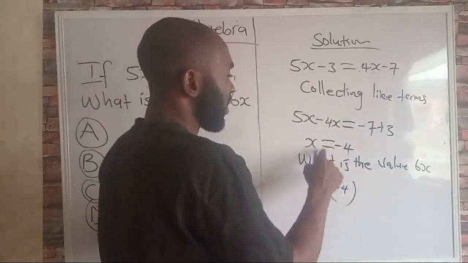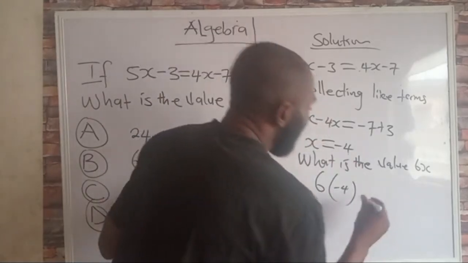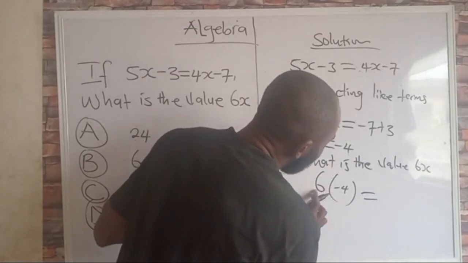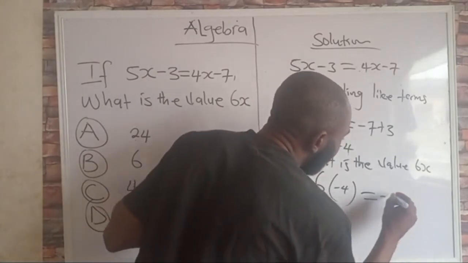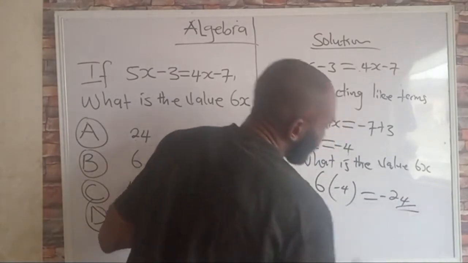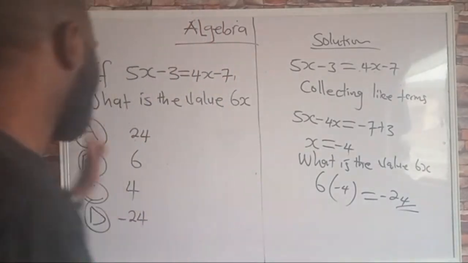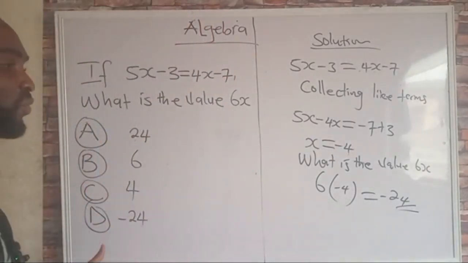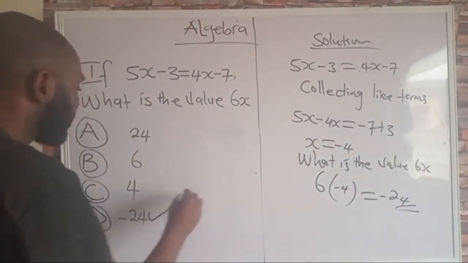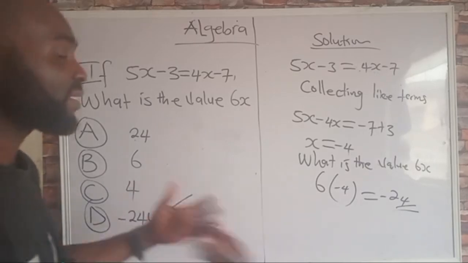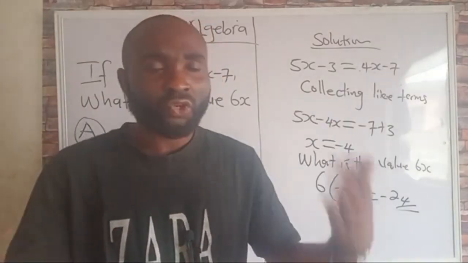Since x is equal to minus 4, this will give me 6 times minus 4, that will give you minus 24. Okay, so looking at the options you have here, what is going to be the answer? D is your answer. So this is how to tackle such questions.